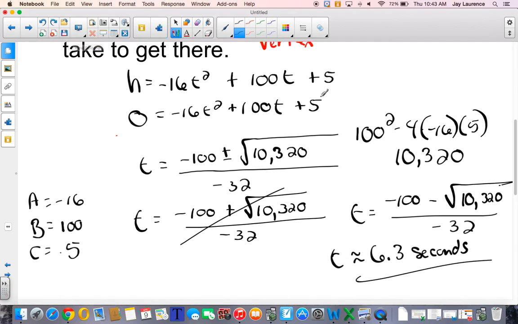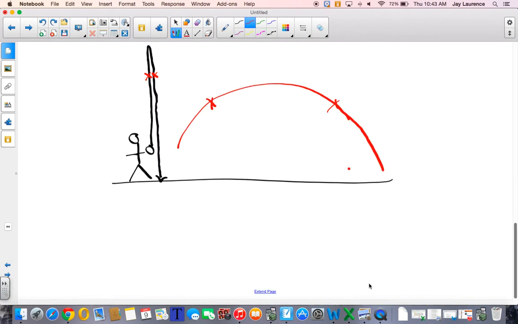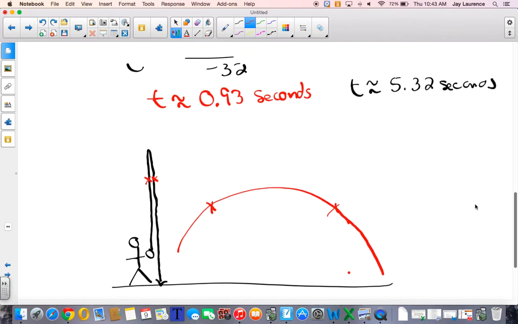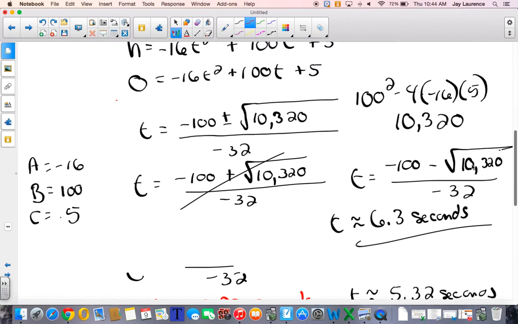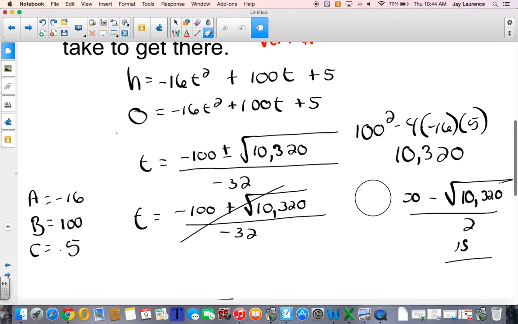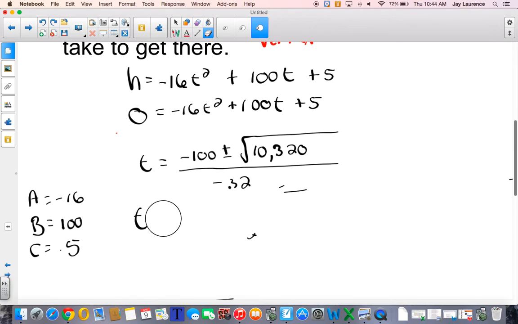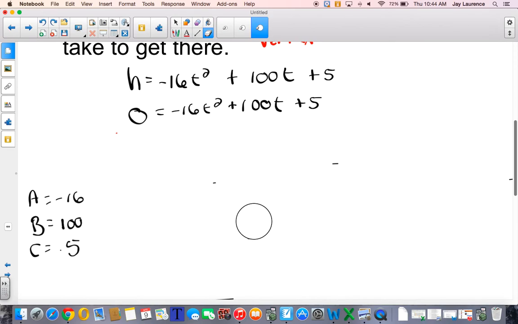All right, last part of the question. How high did the ball go? It's a vertex. So I'm just going to find the vertex. Sorry about that. All right, give myself some room to work here. All right, so some of you just do negative b over 2a.